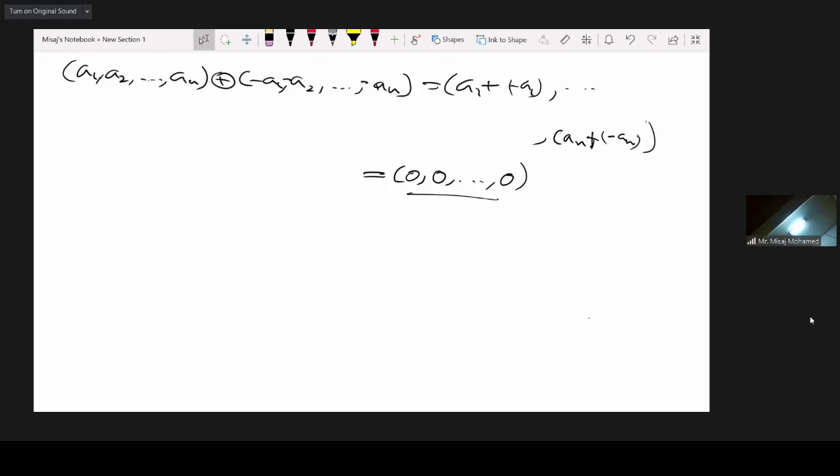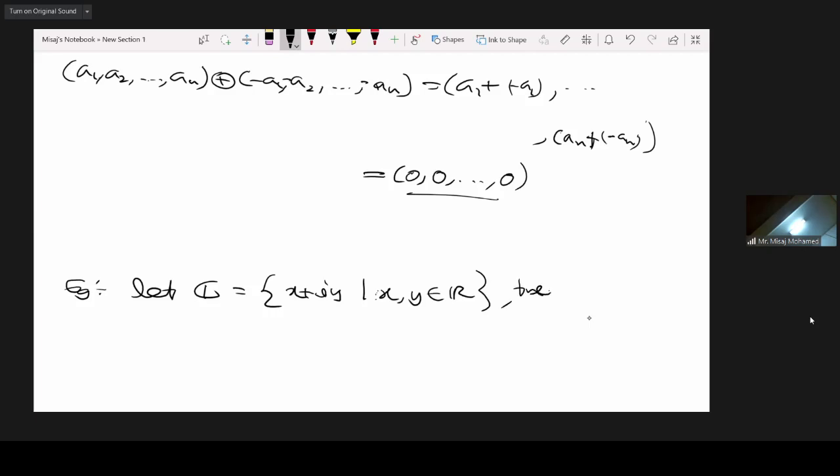So another example. Let C be equal to x plus iy, where x, y is in R. What is this? The set of complex numbers.